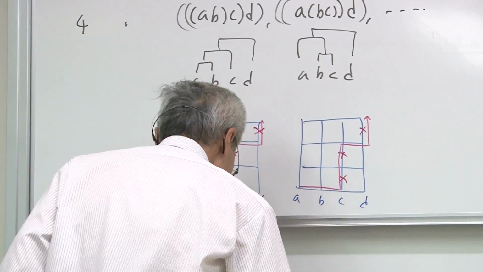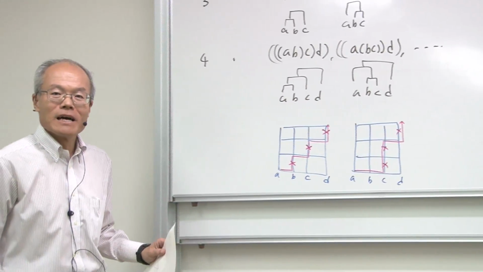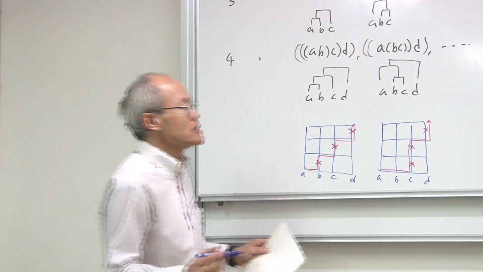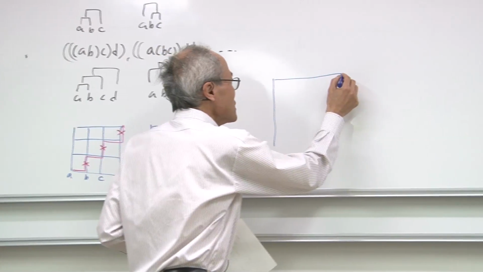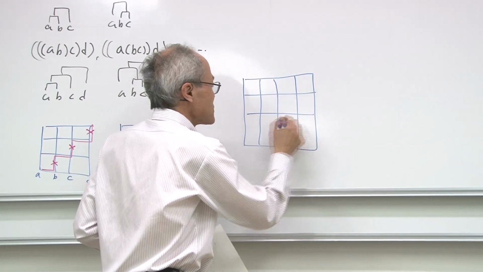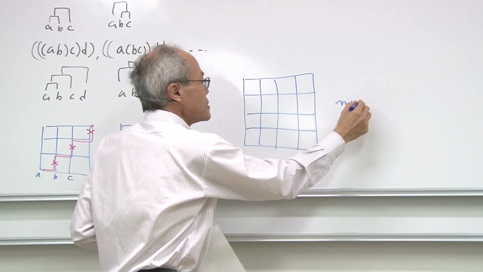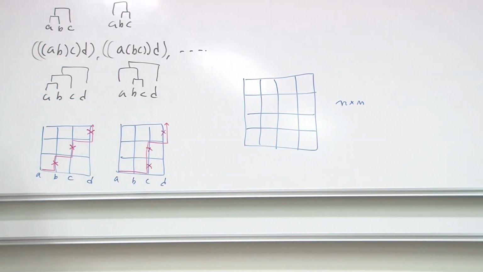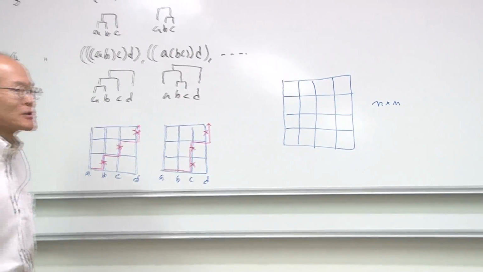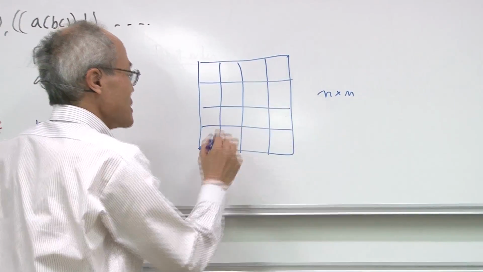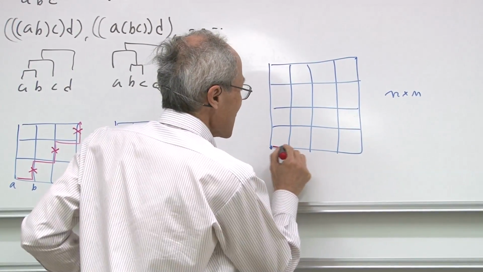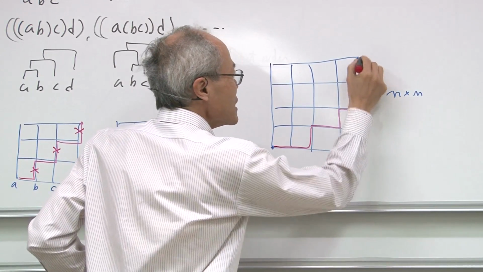So that means that if you are given n matrices, then you consider a mesh of n by n. Each order of multiplication corresponds to a route from here to here. Something like this.